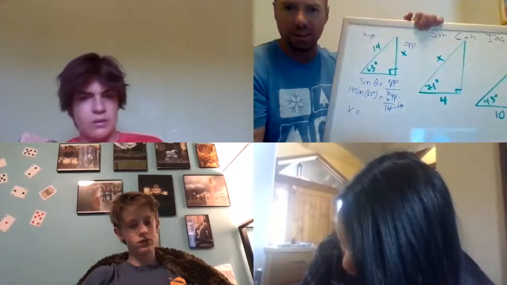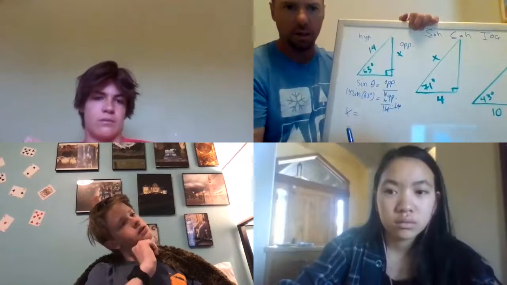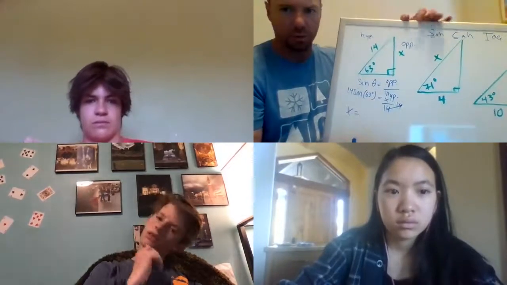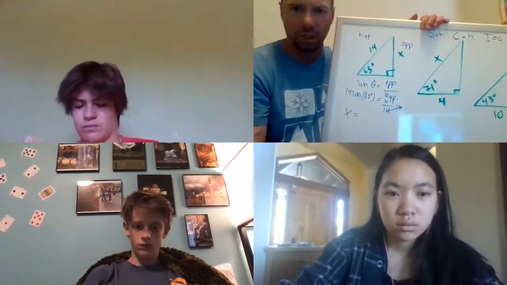If you've got a slightly less sophisticated calculator, you might just have to go backwards and do 63, then hit the sine button, and then do times 14. If you guys have calculator issues, please, please, please, maybe stay on after this and we can address those. All right? So I'm going to type that in. But I'm expecting something in the neighborhood of 10 or so, I would imagine.